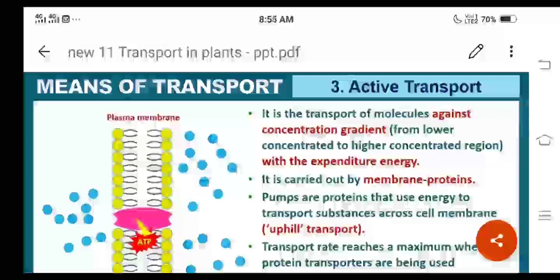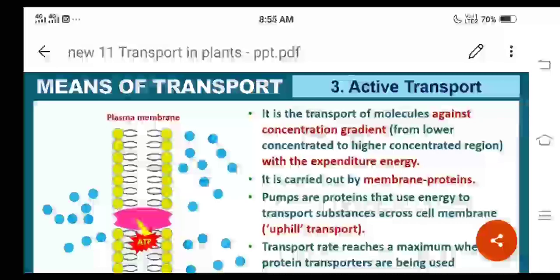Against concentration gradient means the transport process will occur from the region of lower concentration to the region of higher concentration, and with the expenditure of energy. Here ATP is required, which is the energy currency of the cell.